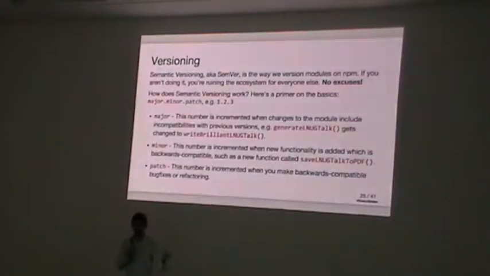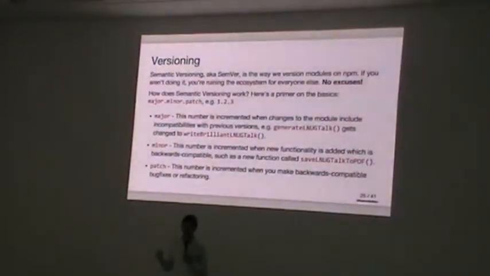Here's how it works. You've got 3 numbers in versions. You've got the major, minor, and patch numbers. The first one is the major one, and it basically says that if you increment this on the version of your package or your module, then it is incompatible with the previous version of your module. For example, generate talk becomes write boolean talk.